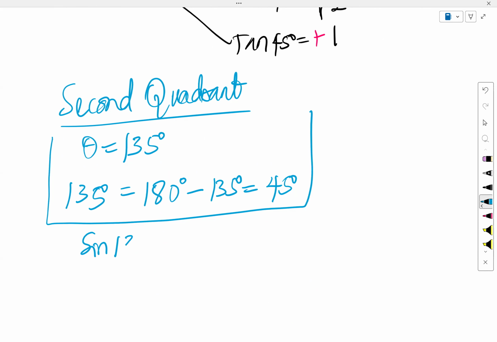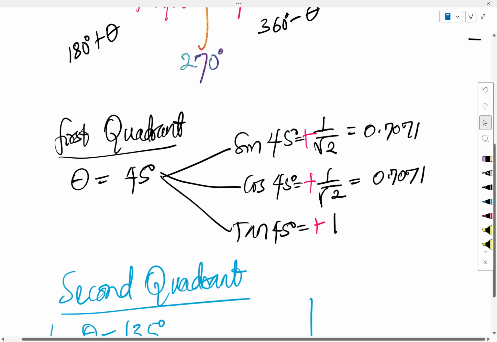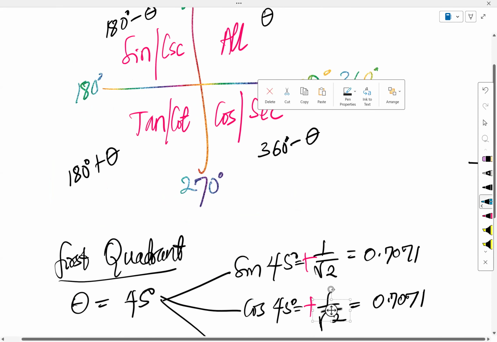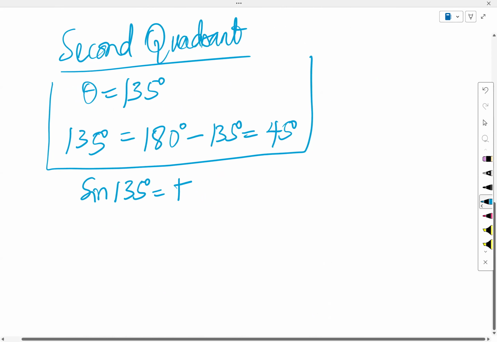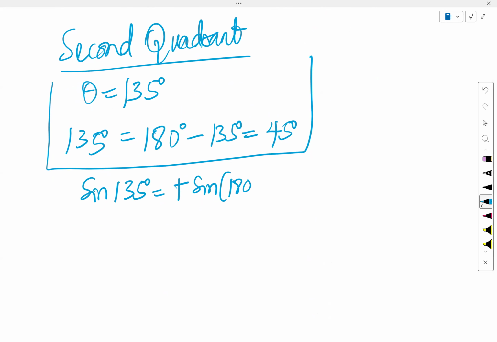In the second quadrant, sine is positive. So sine 135 degrees is going to be positive sine of 180 degrees minus 135 degrees, and that is positive sine 45 degrees, which is equal to positive 1 over root 2, as we know it.